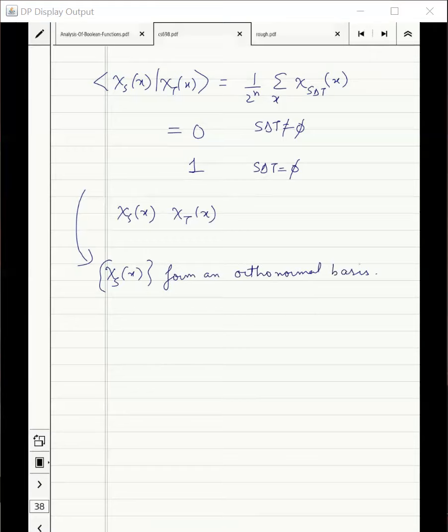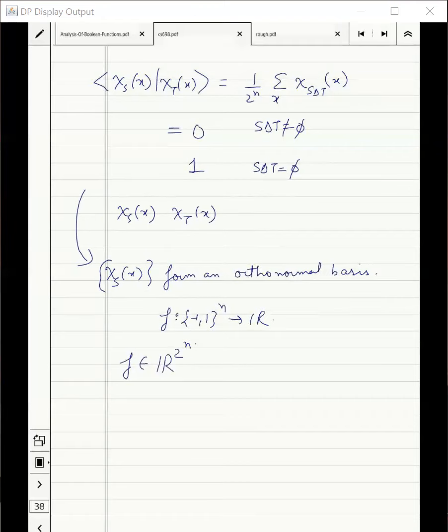The takeaway from today, obviously, you have seen the proofs and everything, but in terms of the takeaway, is we view f as a vector in R to the power 2 to the power n. Remember, we were thinking of these kinds of functions.